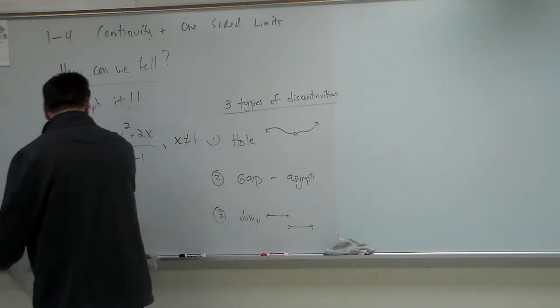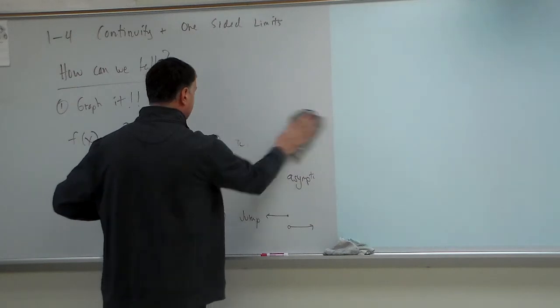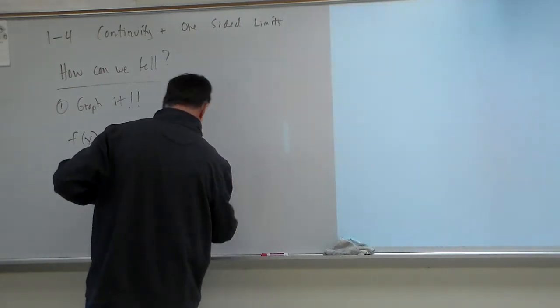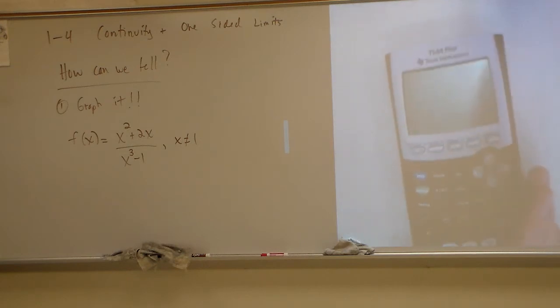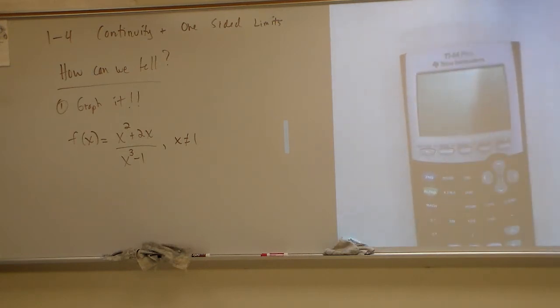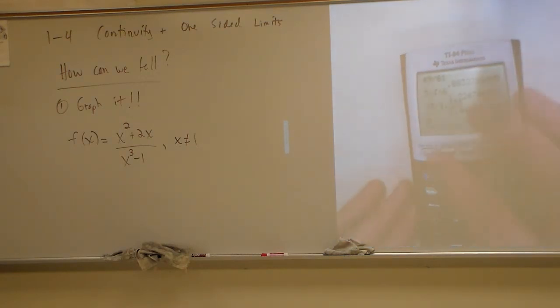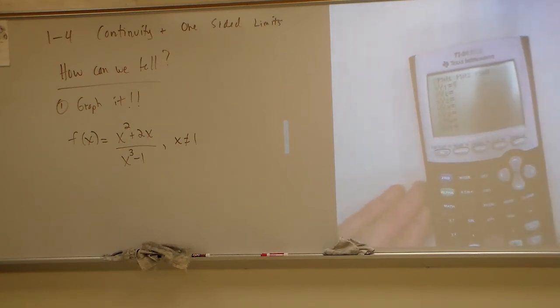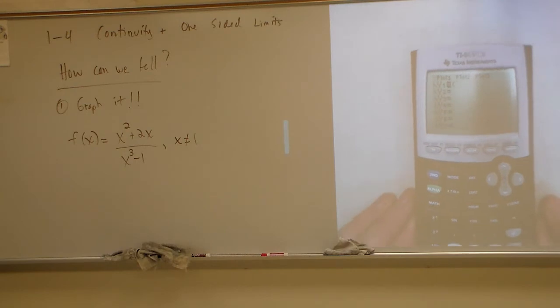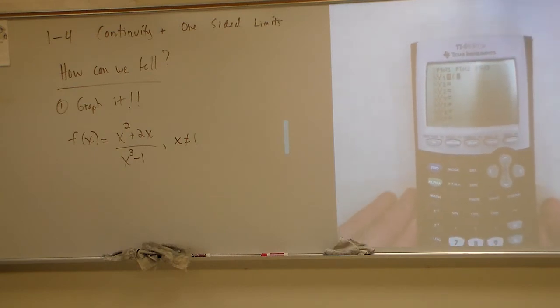So I want to see what's happening here. I go to my graphic calculator. I don't expect you to do any of these by hand. I do not. I expect that you're going to do these with your graphic calculator. So I clear out what's in my y equals screen, and I'm going to have a parentheses here. I don't know if you guys can see that or not. I'm hoping you can.